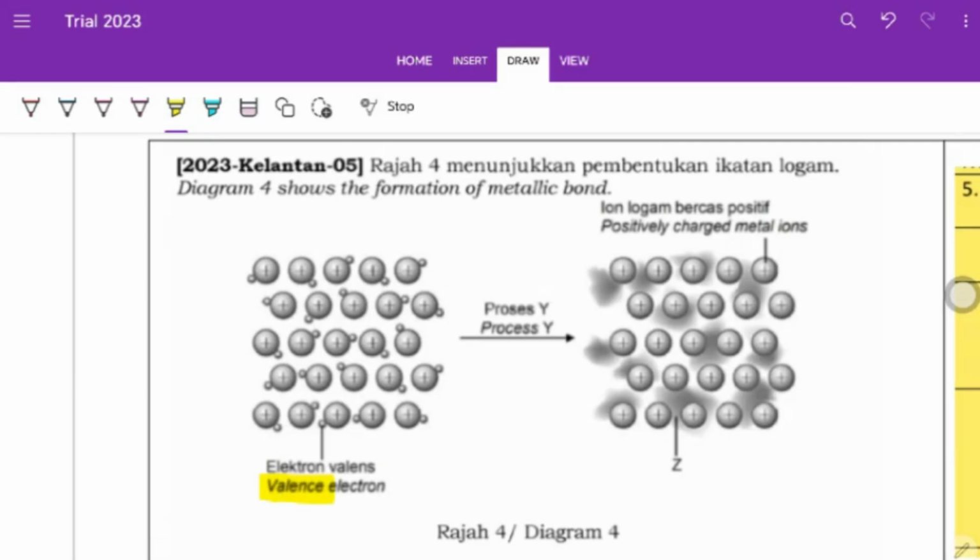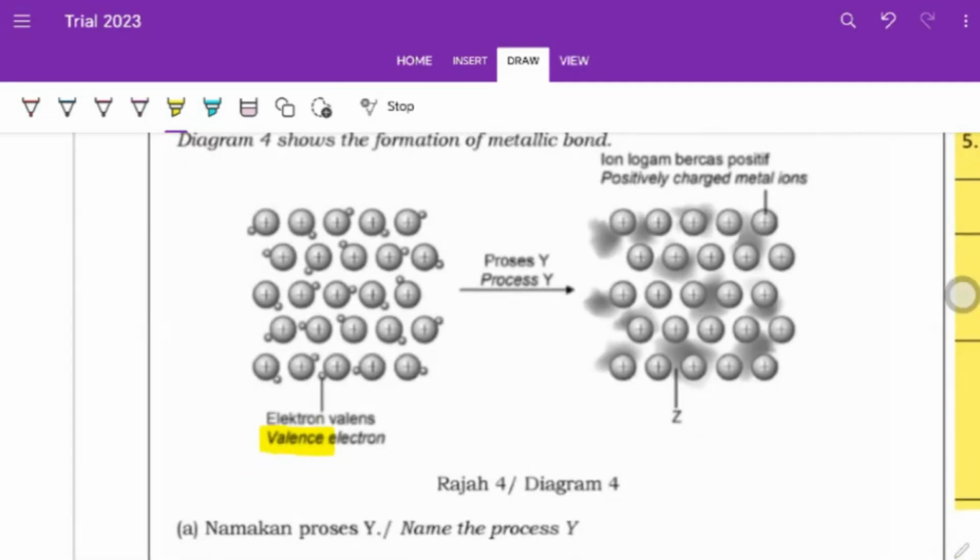Like if group one, one valence electron; group two, two valence electrons. So the electrons are released, and the positively charged metal ions form. The electrons can move freely. It forms a sea of electrons, the delocalized electrons.